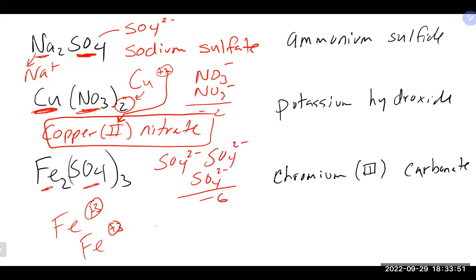So our name here would be iron Roman numeral 3, not 2 or 6, but 3 for the charge on one of the metals. And once again, here we will just do sulfate at the end. Any questions on that name? Now, why is there parentheses around these polyatomic ions?